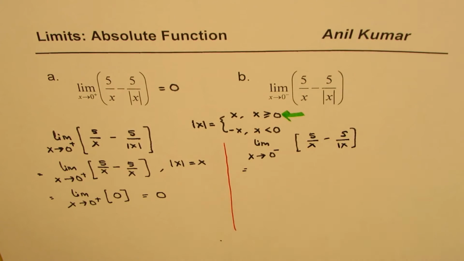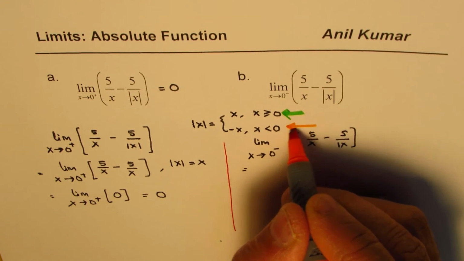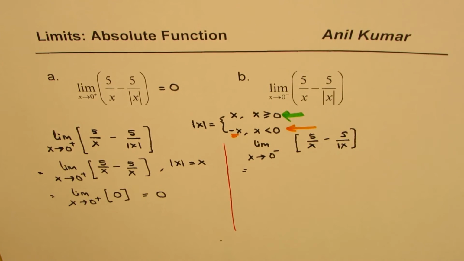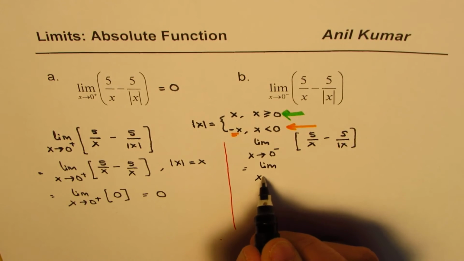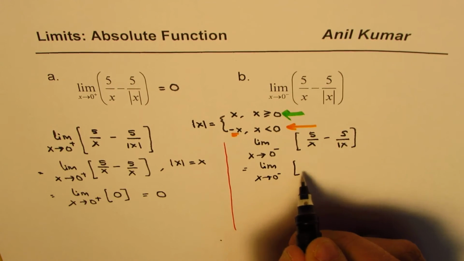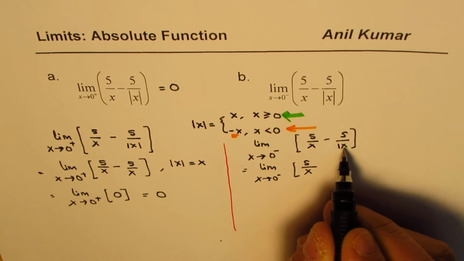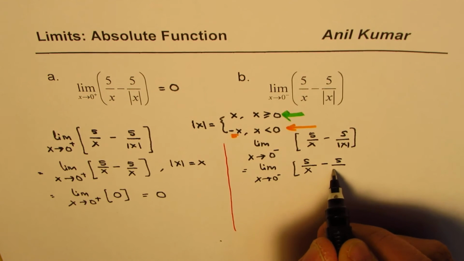Now in this particular case, when we are approaching from the left side, the value of x is negative, it is less than 0. So we have to use this value for absolute x. So what do we get? We get limit x approaches 0 from the negative side of 5 over x minus 5 over absolute x, and this absolute x becomes negative x. So we have negative 5 over negative x.